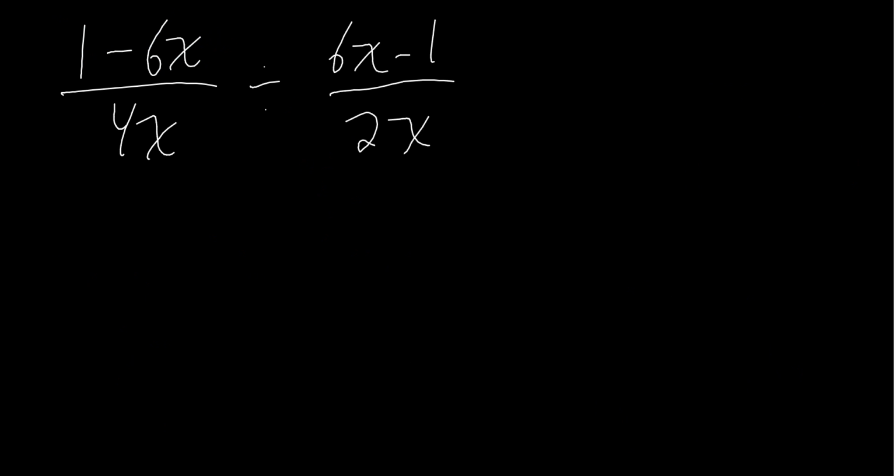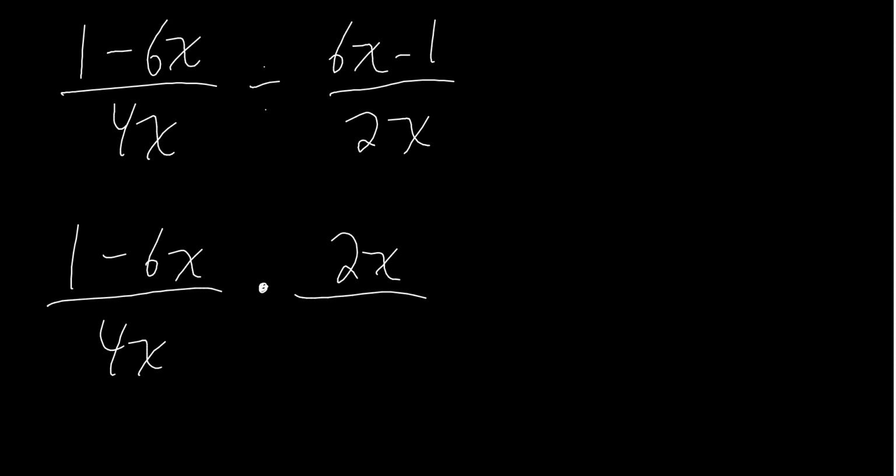And of course, I know I can change that division symbol to a multiplication symbol. So I say 1 minus 6x over 4x multiplied by 2x over 6x minus 1.